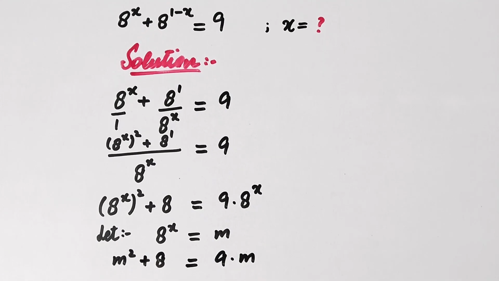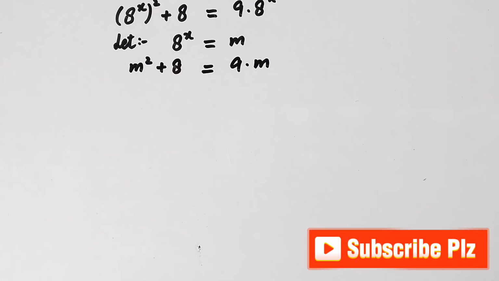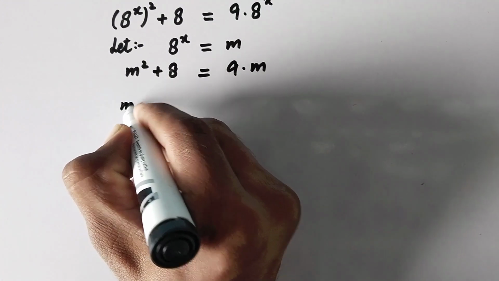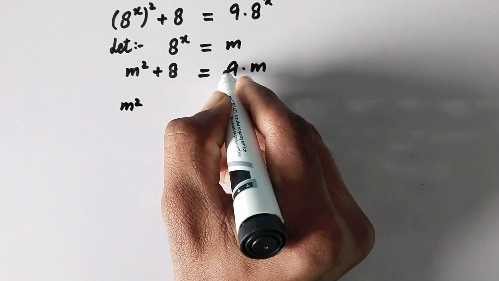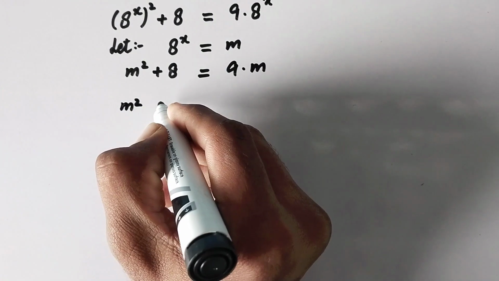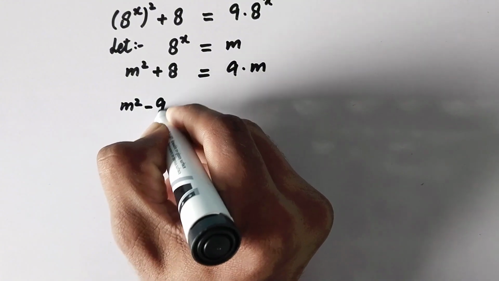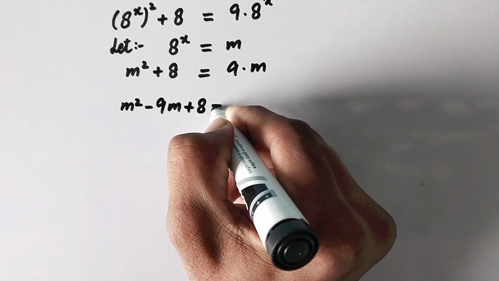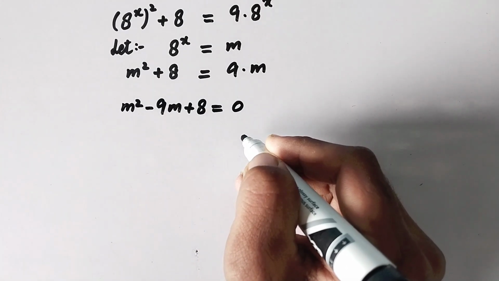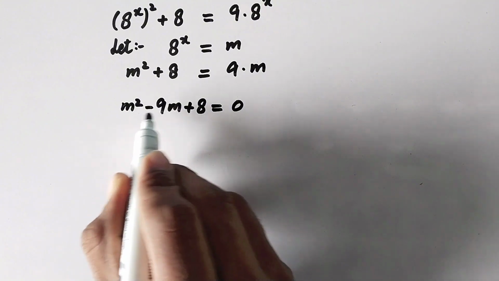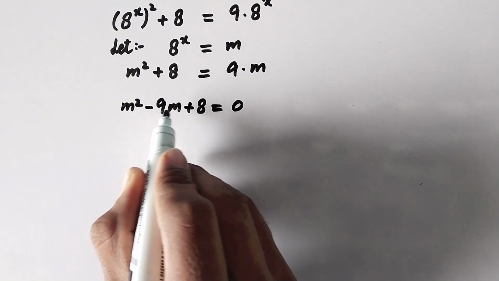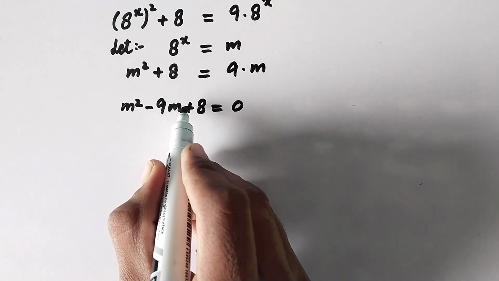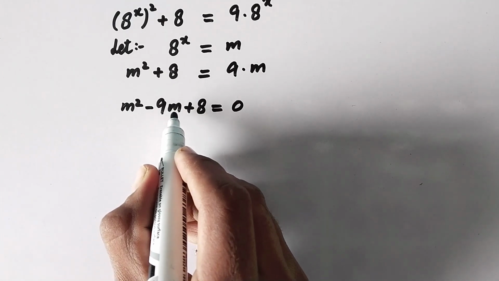Now in next step we will write m squared, and we will take this 9m on left hand side, therefore it will be negative 9m plus 8 is equal to 0. So now we have a quadratic equation, and we may solve it by using the quadratic formula or by factorization.